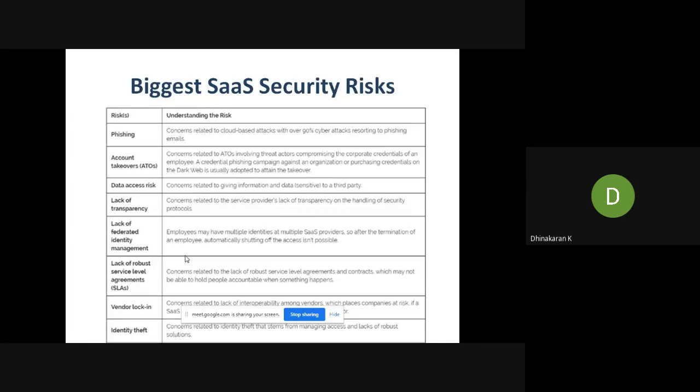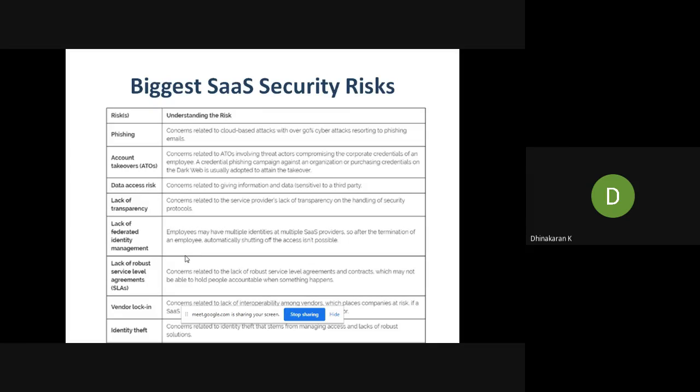And lack of federated identity management. What does lack of federated identity management mean? Employees may have multiple identities at multiple SaaS providers, because not only a single service provider provides a service, either Salesforce.com, Google Cloud, or Amazon Web Services.